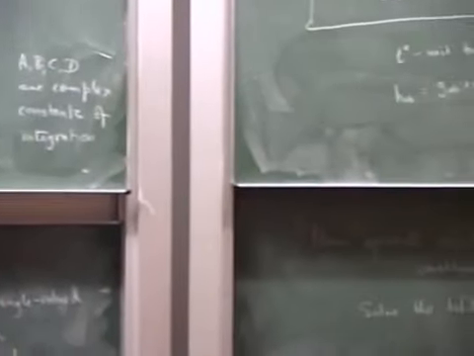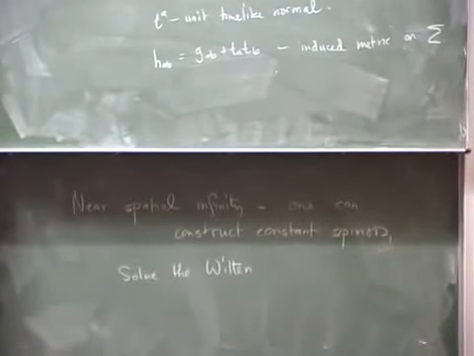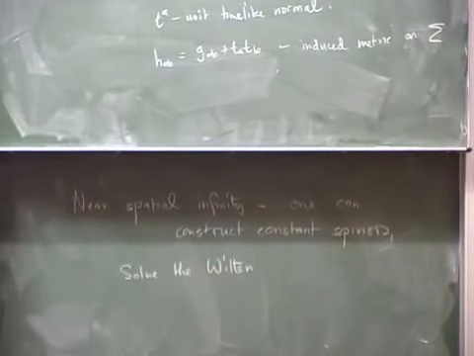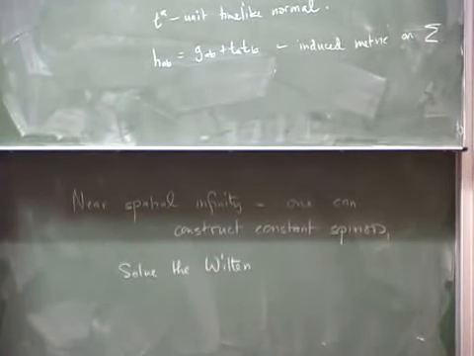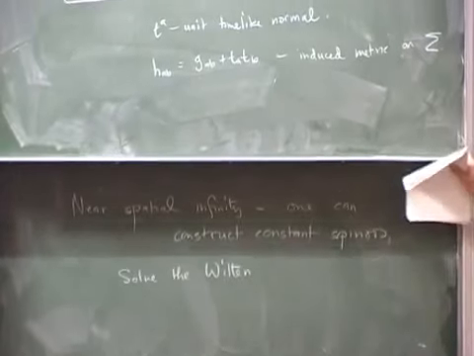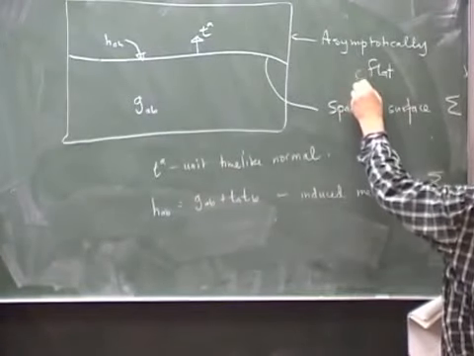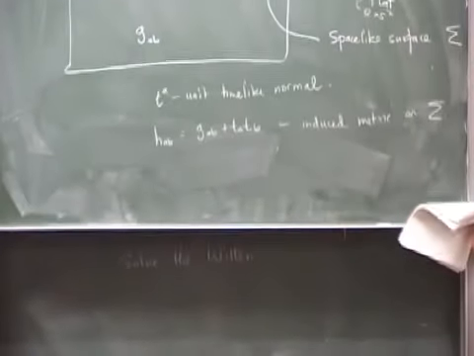Are there any topological caveats for being able to construct constant spinors at infinity? I mean, you've excluded horizons and singularities, but are you also excluding non-trivial topological structures? Well, I think that if it's asymptotically flat, I'm thinking of infinity as being, roughly speaking, R cross S2. Nothing weird.